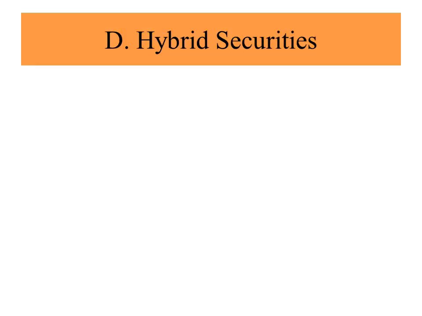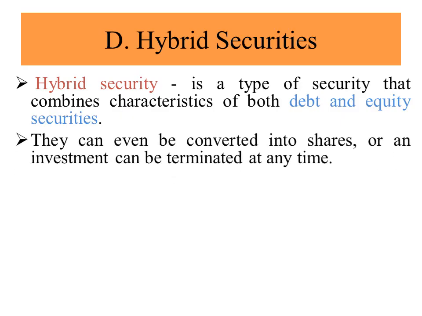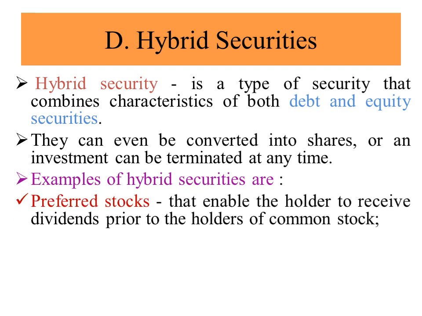Classification of financial instruments. Financial instruments, or commonly securities, are usually divided into four categories. The first category is debt security, or fixed income security. The income for debt security is earned when the maturity date is reached.